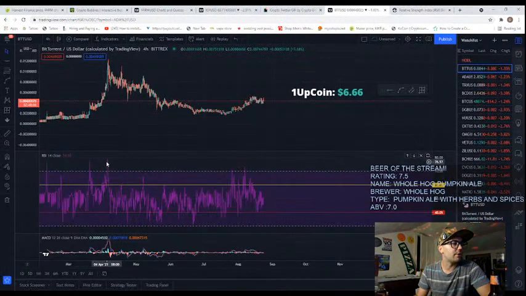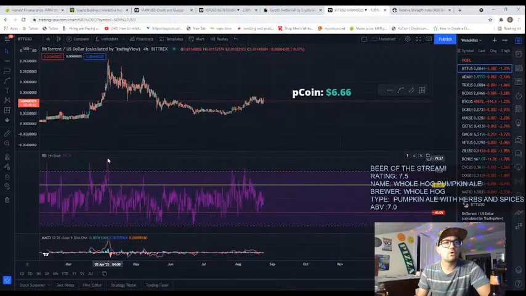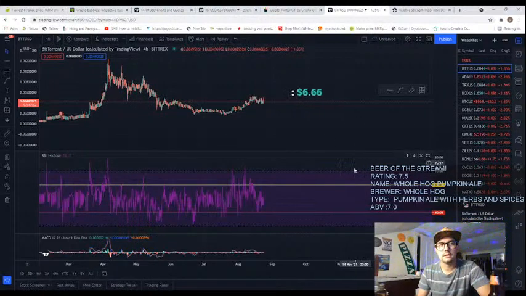Like over here, you've got April 4th, 2021. It was overbought by 78.97 on the RSI. The dotted line here at 70 is the overbought line on the RSI on TradingView.